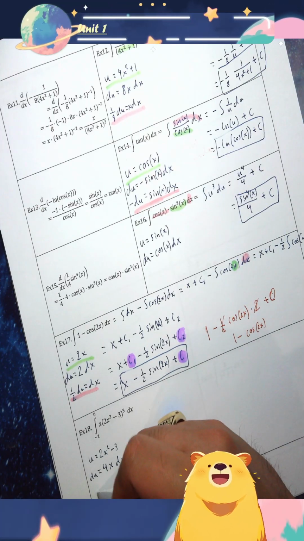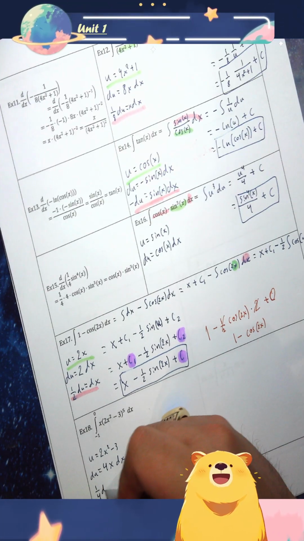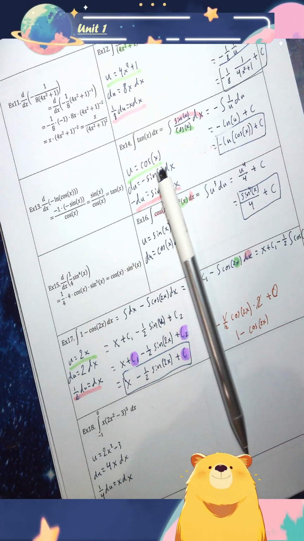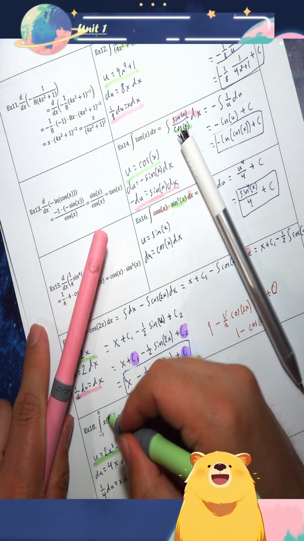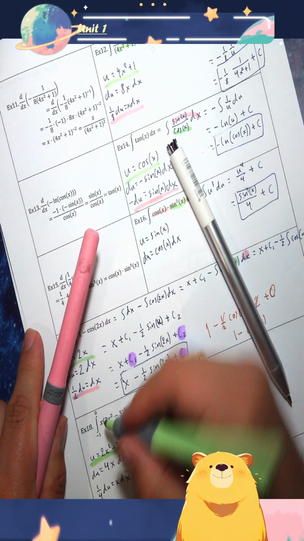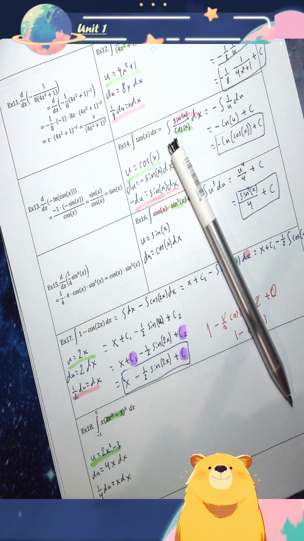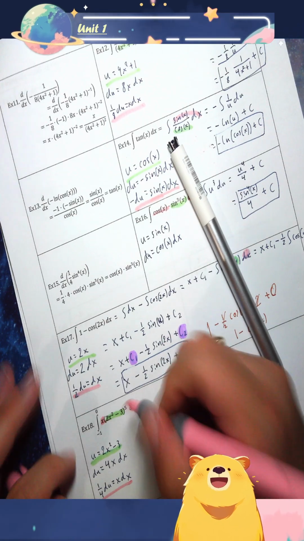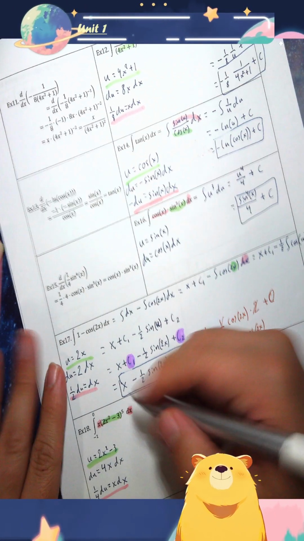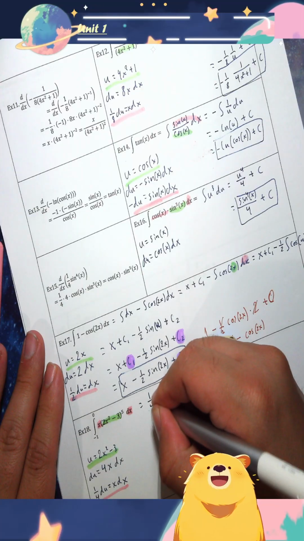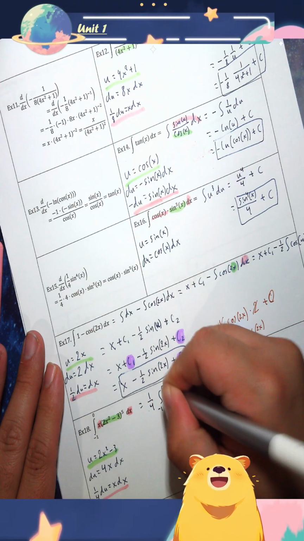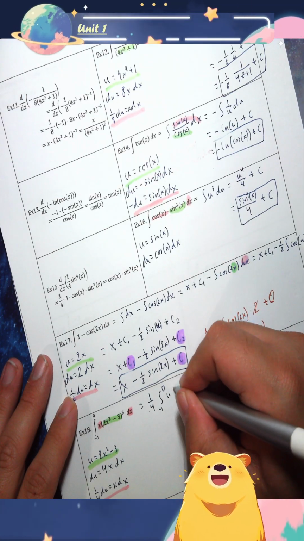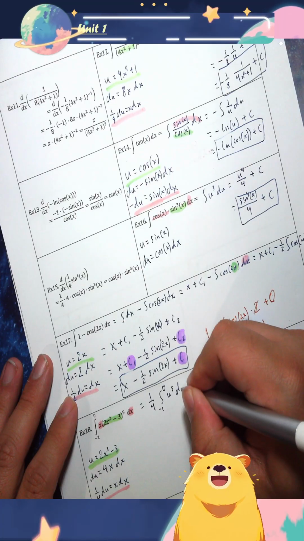Then we can manipulate the 4: 1 over 4 du is equal to x dx. So using this, we can replace all of this with a u, and then using this, we can replace x and dx. 1 over 4 integral negative 1 to 0 of u to the power of 5 du.